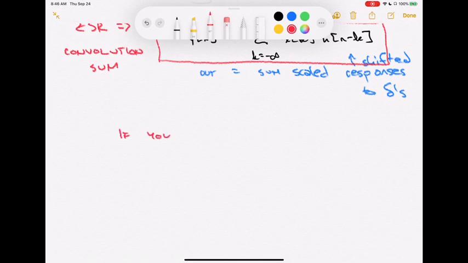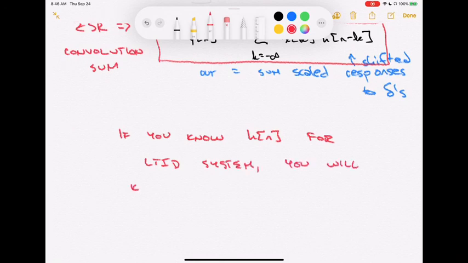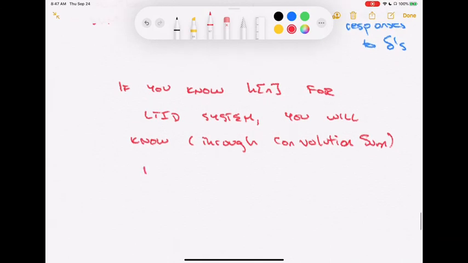If you know h of n for this linear time invariant discrete system, you will know, through the convolution sum, the response to any input.